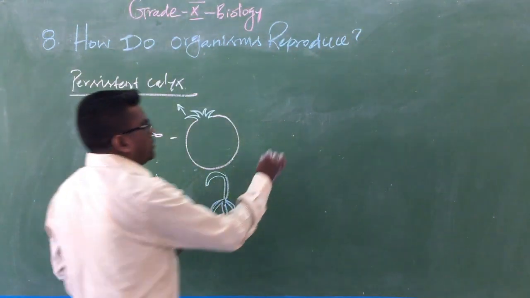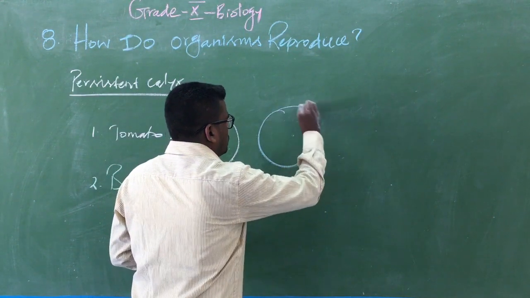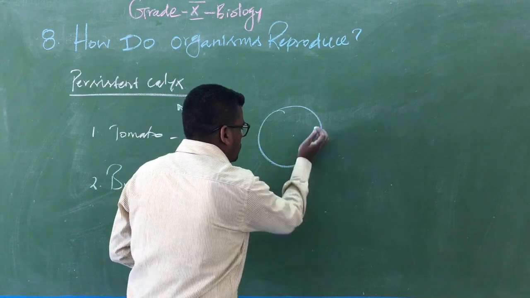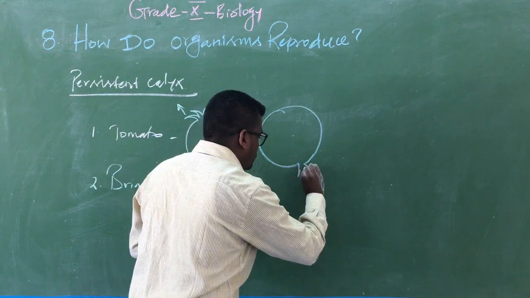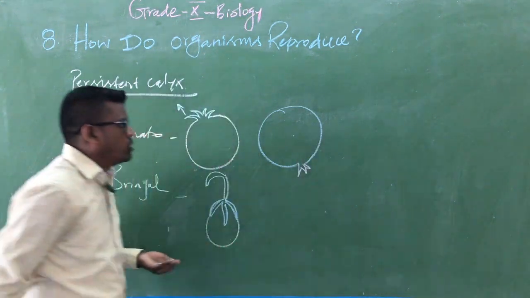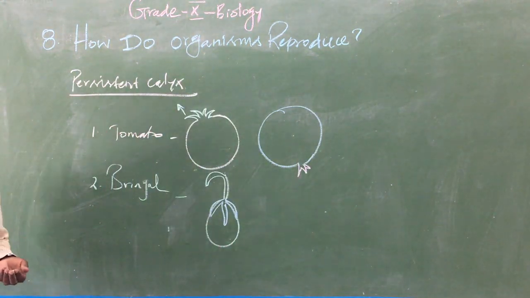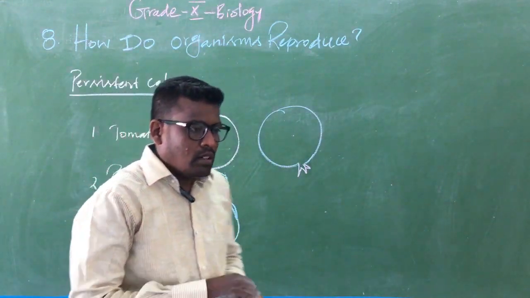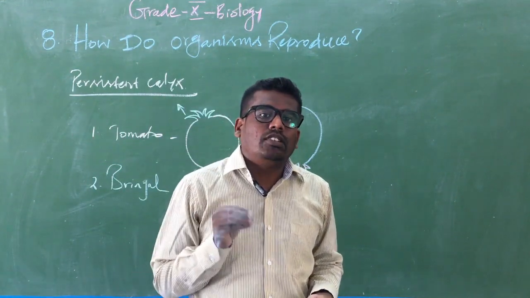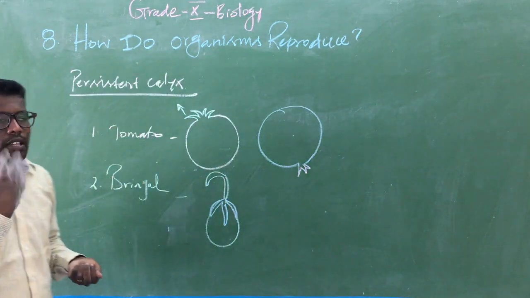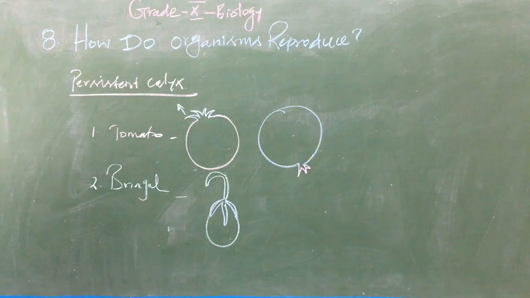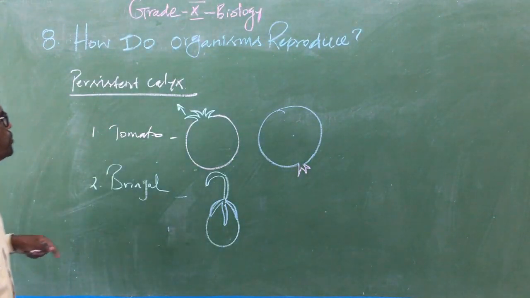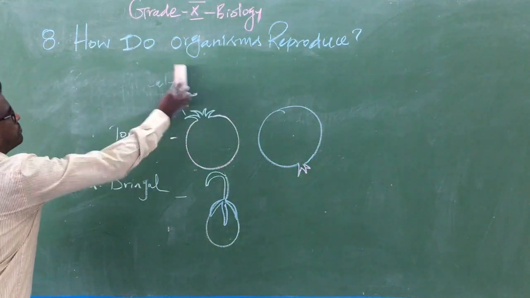And pomegranate, and guava. So these are fruits having the calyx remains. That is called persistent calyx. Actually this is not in the book, but a question will come: what is persistent calyx?